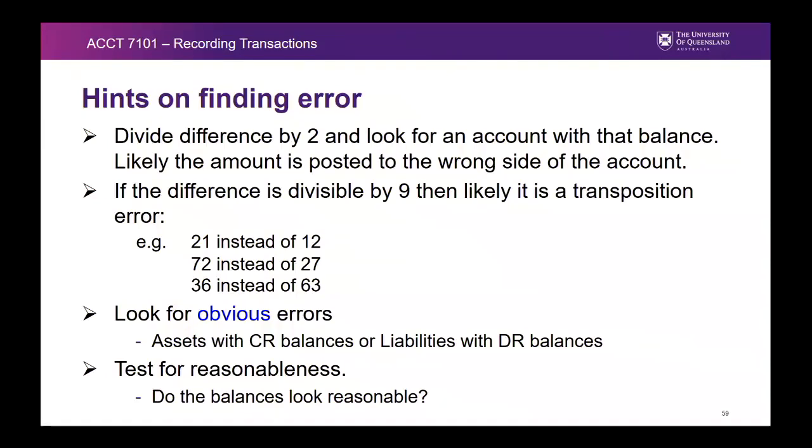The other way to find an error in your trial balance is to look for the normal balance. Assets and expenses have a normal debit balance. So check that the normal balance matches the accounts as well. If you've got an asset with a credit balance, it's likely to be a mistake somewhere. And also reasonableness. Just check the numbers too.